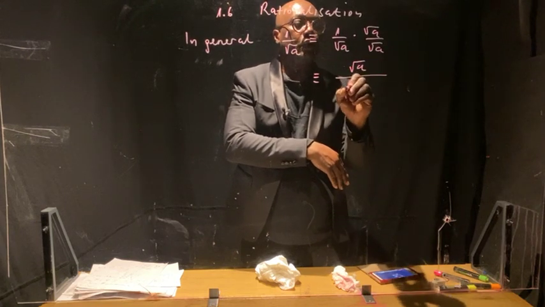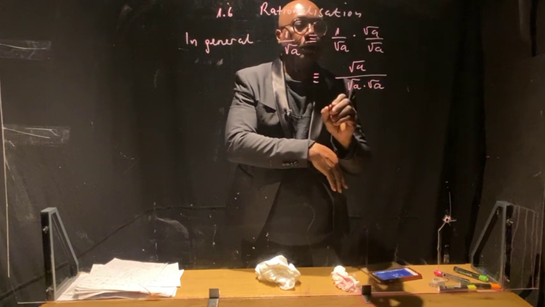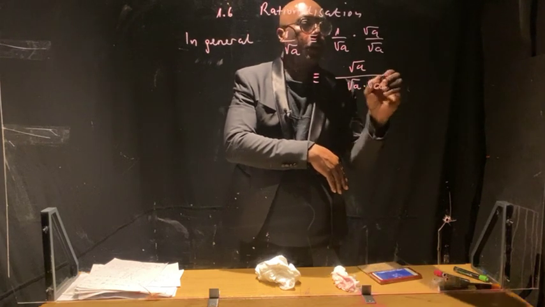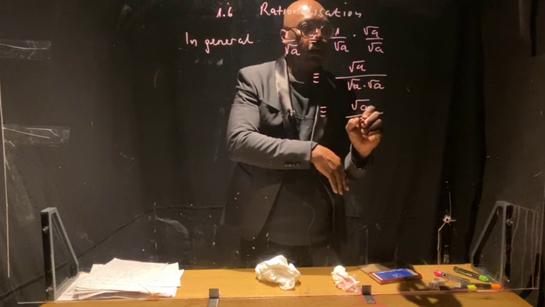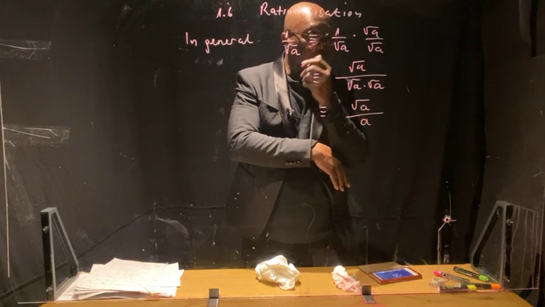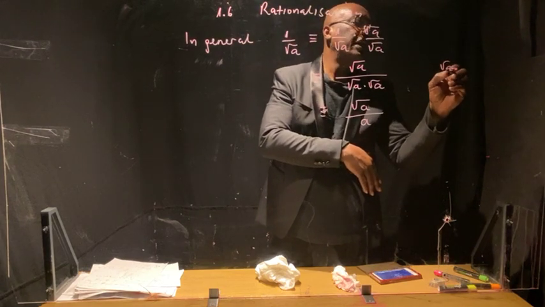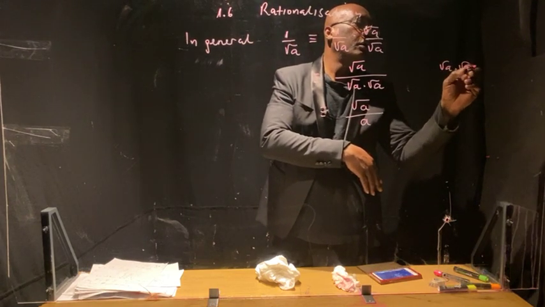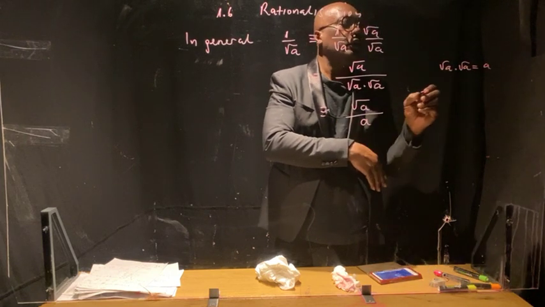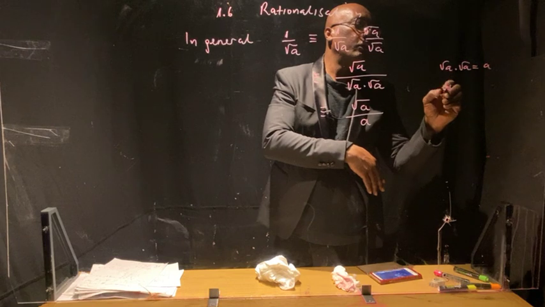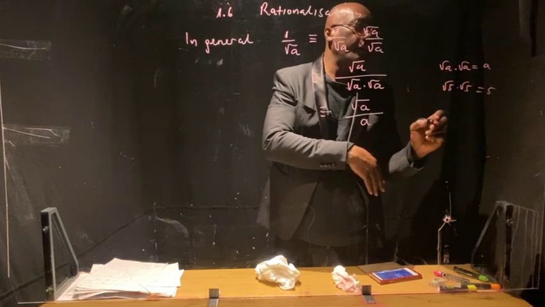Root A multiplied by root A, which is not different from root A over A, meaning root A times root A is equal to A, which indicates that root 5 times root 5 is equal to 5.